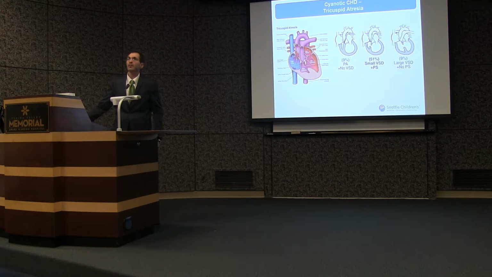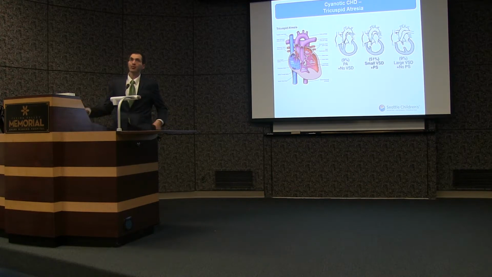Tricuspid valve atresia. So there are various forms of tricuspid valve atresia, but essentially there's no egress of blood flow from the right atrium into the right ventricle. So all this deoxygenated blood is going to cross over through some form of atrial communication into the left side of the heart.